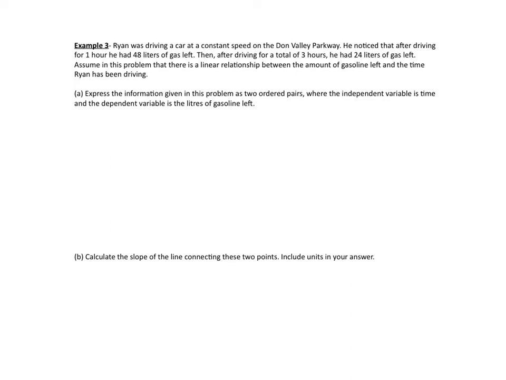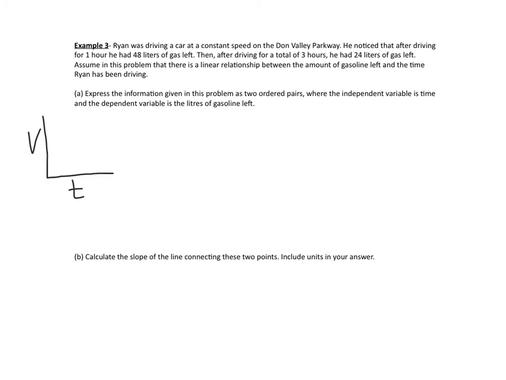So in the first part, they ask us to express the information given in this problem as two ordered pairs, where the independent variable is time and the dependent variable is the liters of gasoline left. So it's nice that they give us that information, because we know now that if we were to graph it, they would want time on the independent variable axis or the x-axis, and they would want the liters of gasoline, or volume if you want to call it, on the dependent axis or the y-axis.